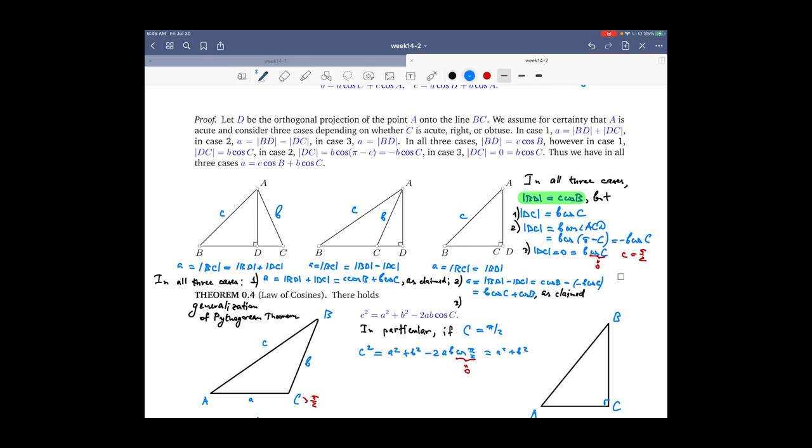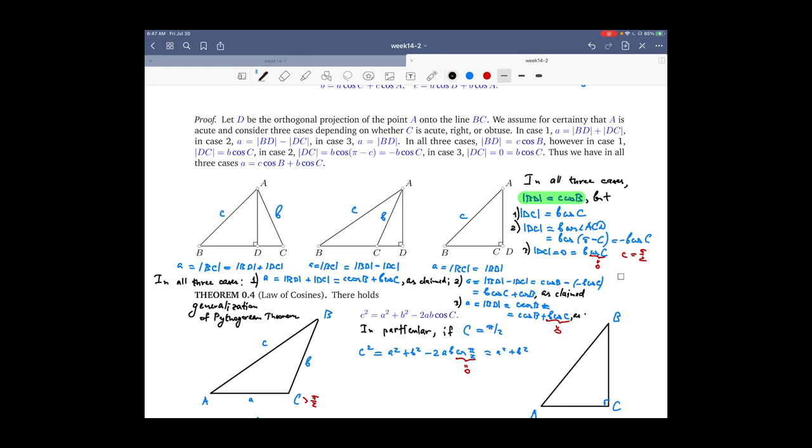And in the third case, again, we get a equals BD, which is c cosine B, and I can write that c cosine B equals c cosine B plus b cosine C, because b cosine C is 0 anyway.